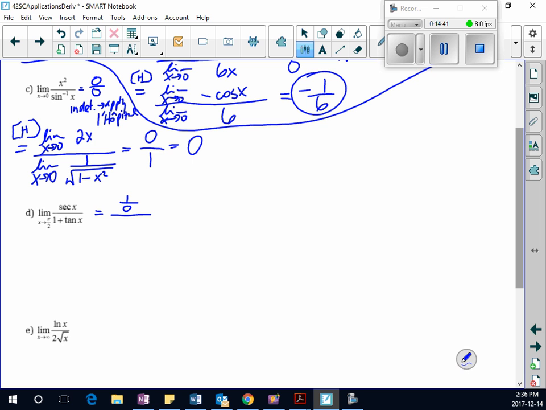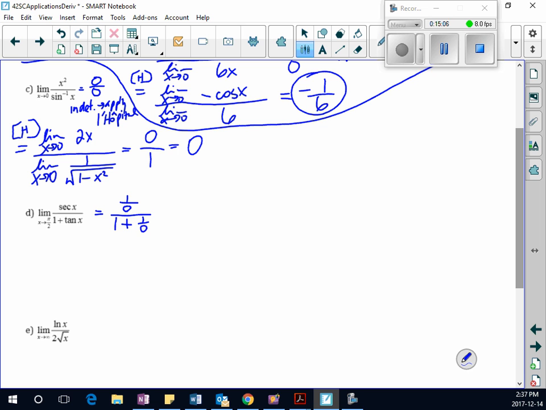So what is tan of pi over 2? That's sine x over cos x, and cos would be 0, so it'd be 1 over 0 plus 1. So this is 1 over 0, right?